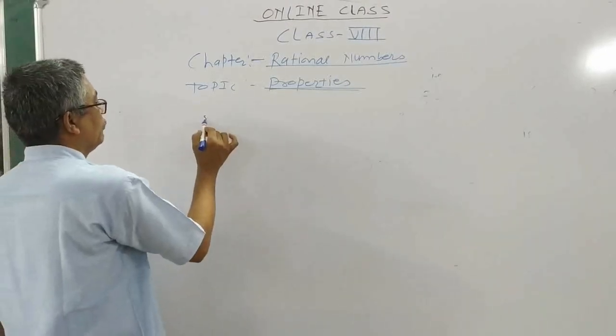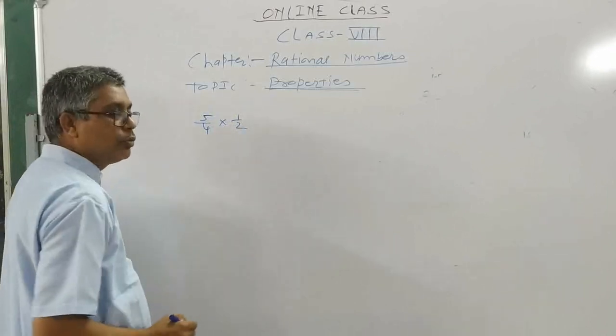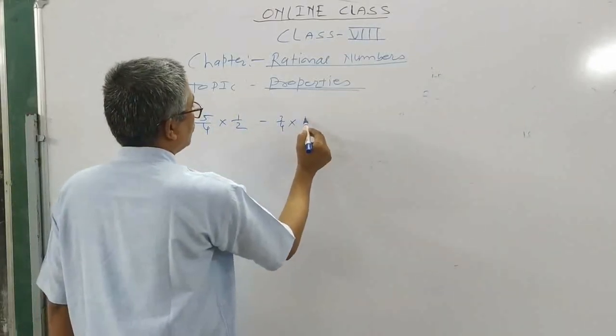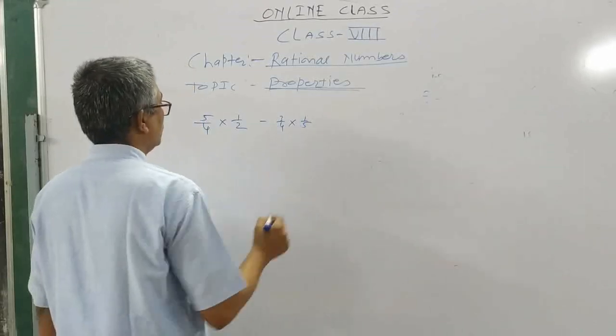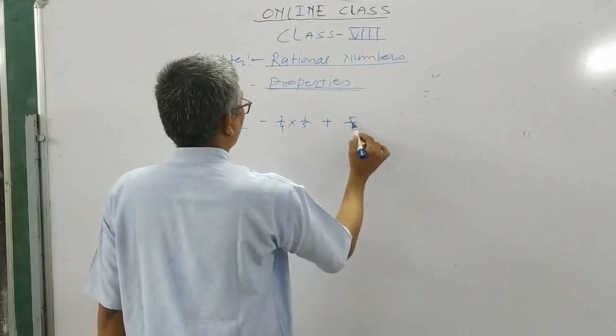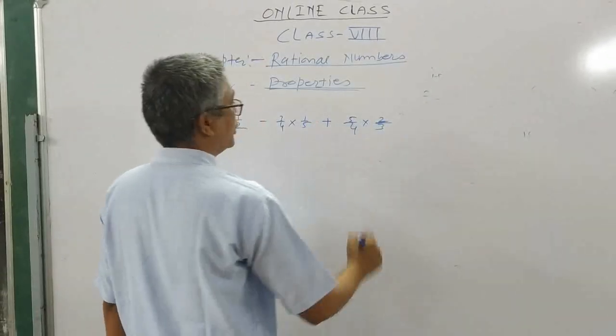जैसे 5 by 4 into 1 by 2 minus 3 by 4 into 1 by 5 plus 5 by 4 into 2 by 3. Let us take this example.